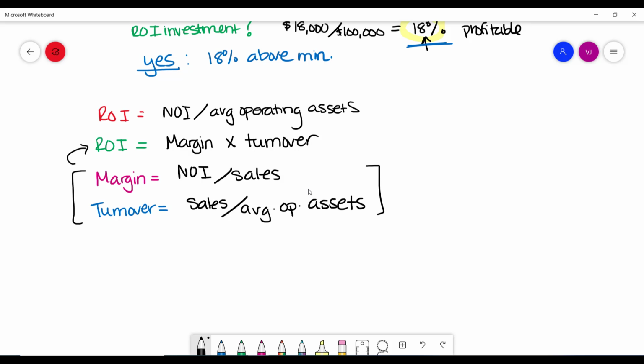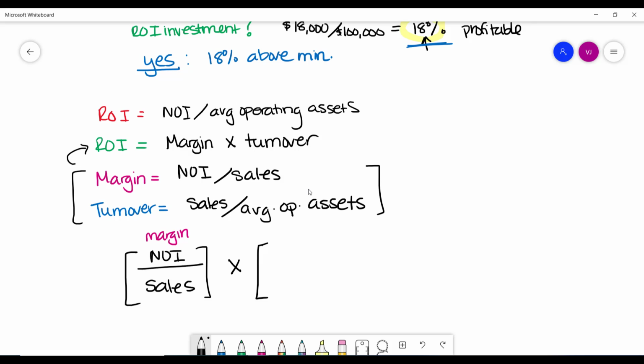So let's put those two next to one another. We said net operating income divided by sales, that's margin. And let's keep this in two brackets. And we said margin times turnover is ROI. And turnover is sales divided by average operating assets.